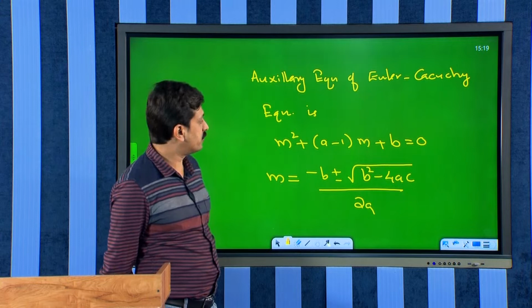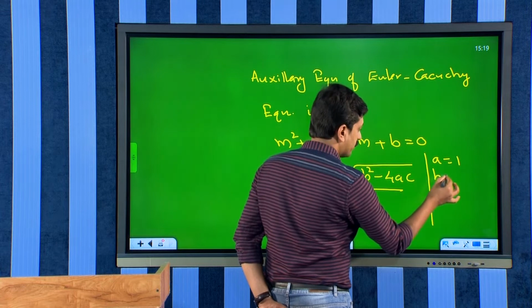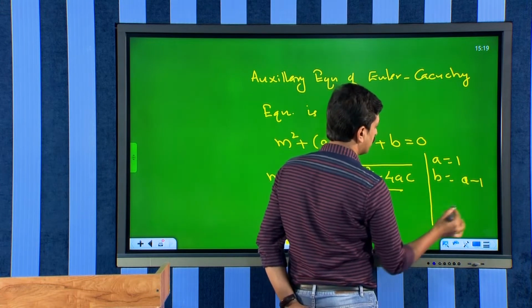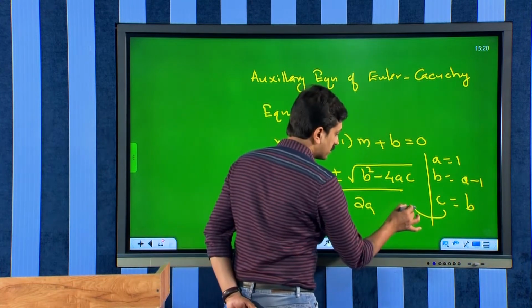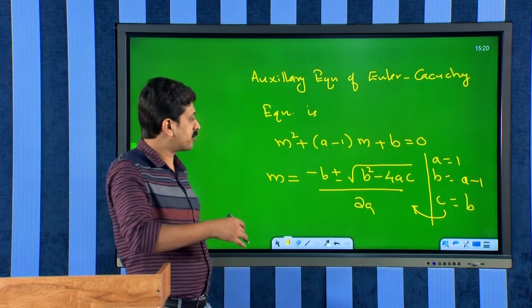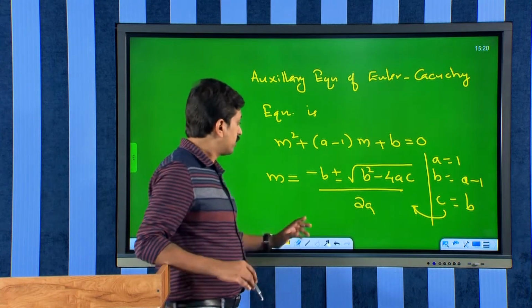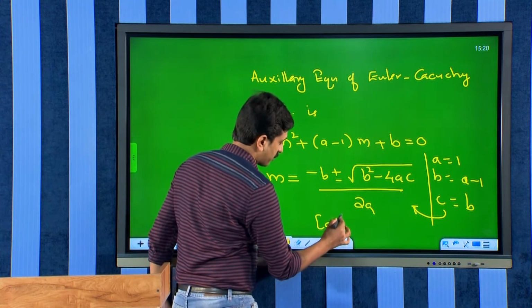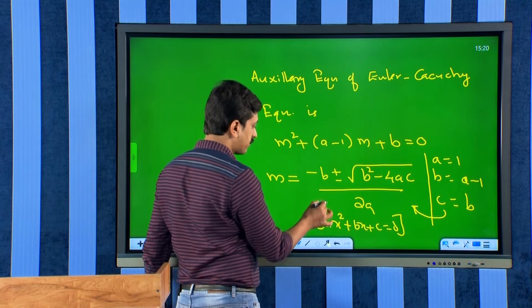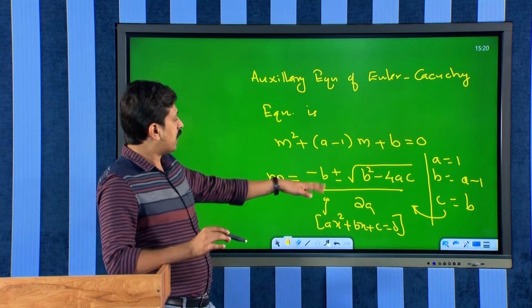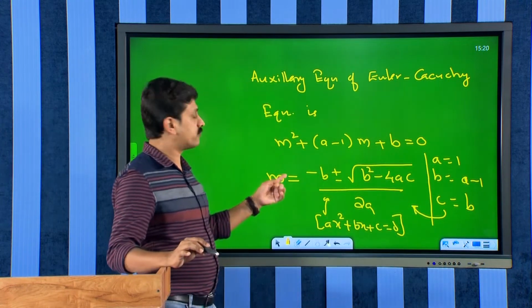Here, instead of a we have the value 1, instead of b we have a minus 1, and instead of c we have b, so we replace these. You have been using this formula since the 8th standard for ax square plus bx plus c equal to 0. So we replace the values of a, b, c and we will have the values of m.